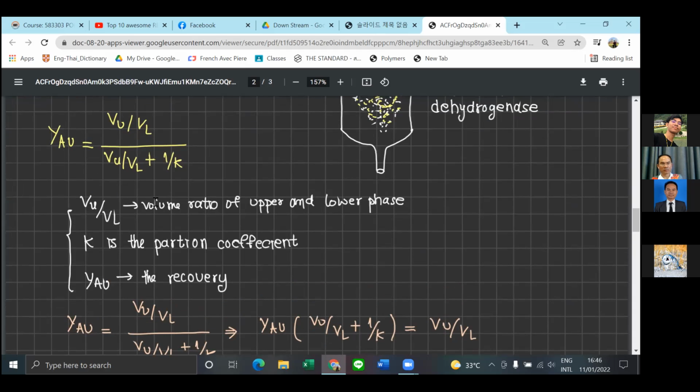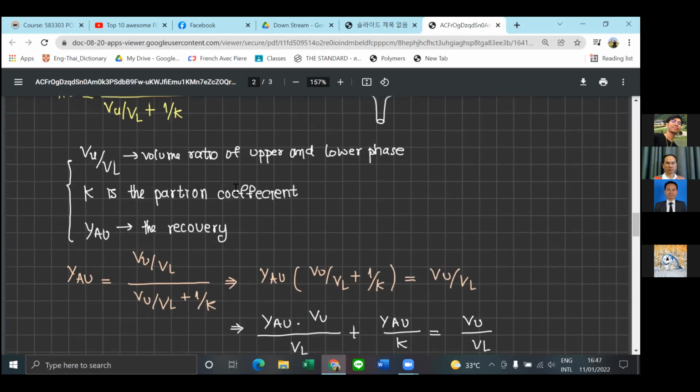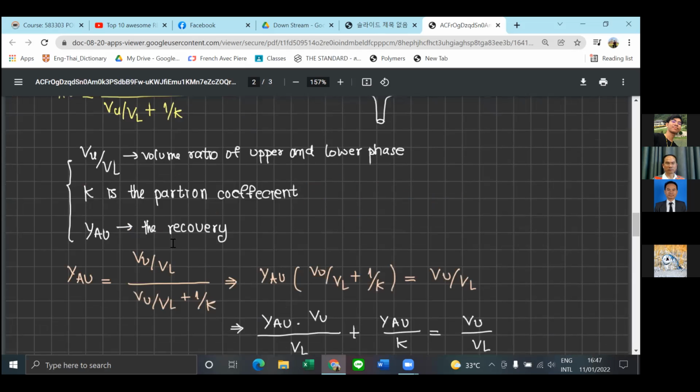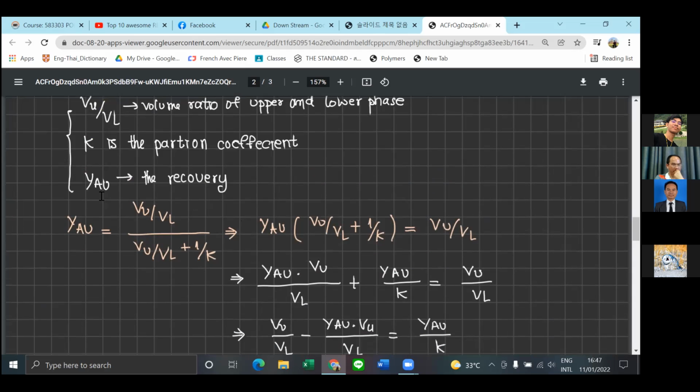It is related to the volume of the upper and lower phase, used to extract the solvent and contaminant, or whatever we want to extract. We want to know this ratio of the volume of upper and lower phase, and we are going to derive this equation.